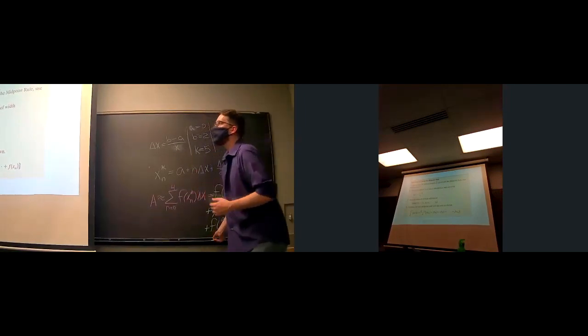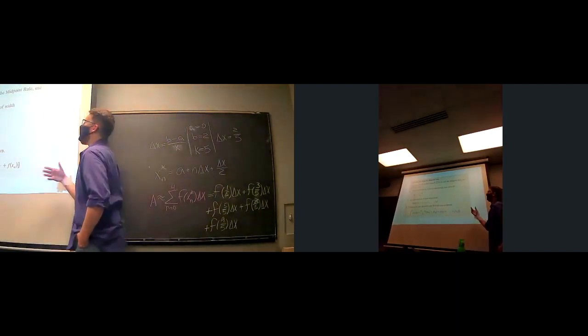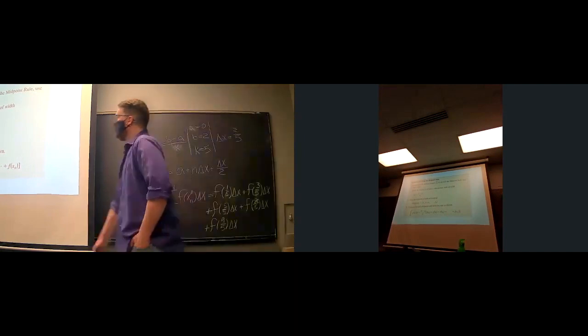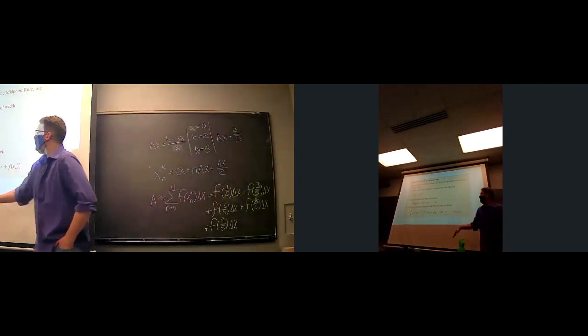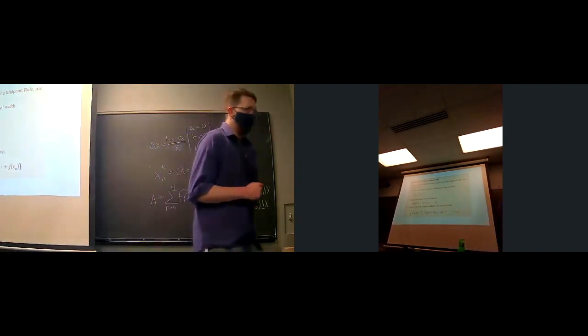So just to reiterate what the midpoint rule is, you're finding all of your midpoints based on what your intervals are. You're plugging those into your function, taking the sum of all of that and multiplying by your delta x. Everybody cool with this?